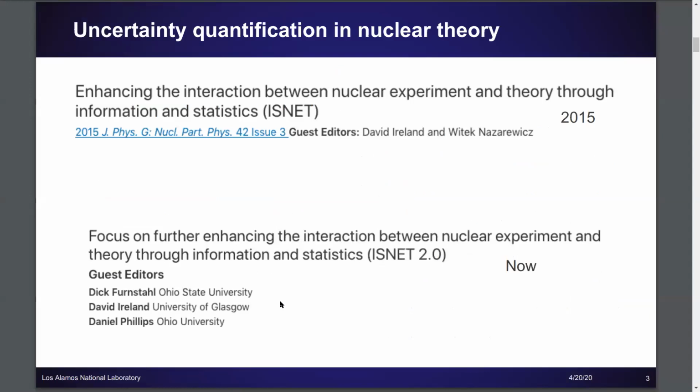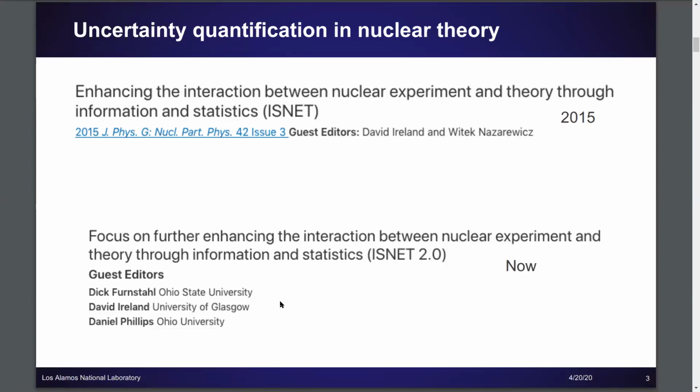And so uncertainty quantification has really picked up steam in nuclear theory over the last at least 5 years, but probably more than that. And it would be very hard on 1 or 2 slides to really capture the full suite of work that has been done.